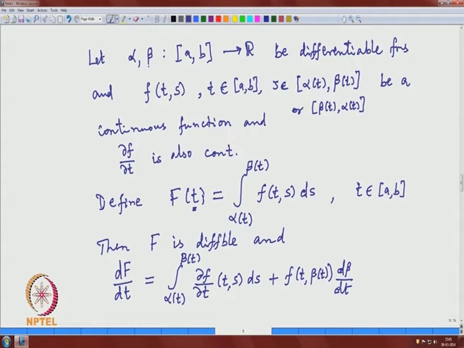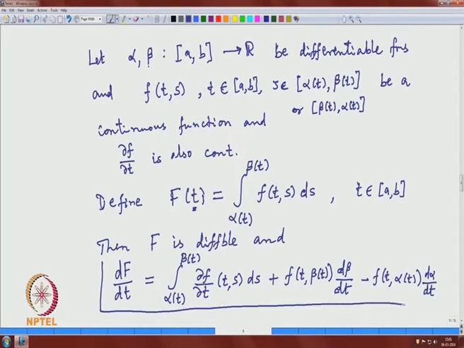Since this is in the upper limit, it comes with a plus sign, and alpha(t) is in the lower limit, that comes with a negative sign: minus f(t, alpha(t)) times d alpha by dt. This is very useful when you study boundary value problems.